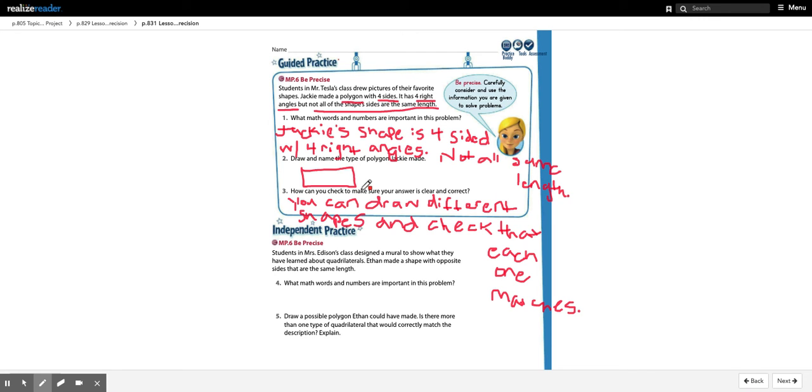Kind of like what we did with Jackie's. We know that it's a rectangle, but we knew that by looking at the descriptions or the attributes of the polygon. Let's take a look at our independent practice.